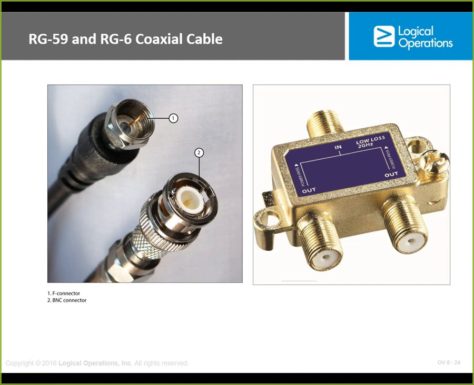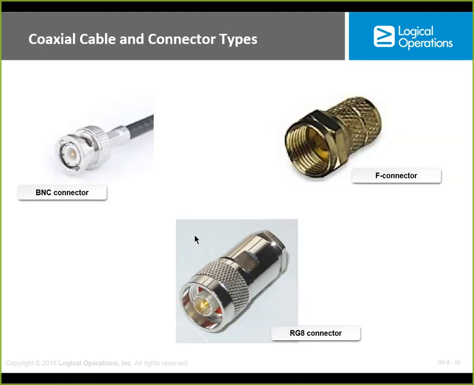A BNC connector goes on to a device that has pins on it. It's a quick disconnect, quick connect. It's still coax. It's got the pin in the middle, but the way it attaches is different. Different look at these things: an RG-6 connector, an F connector, and then the BNC connector.